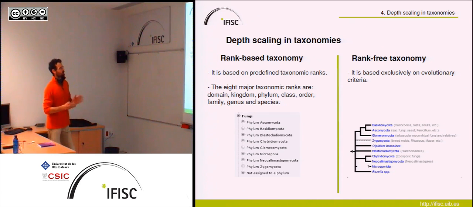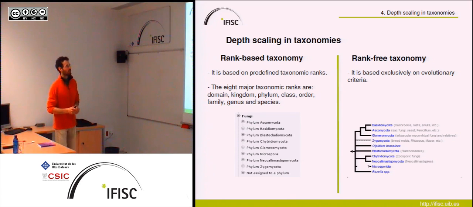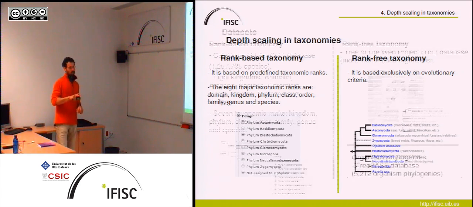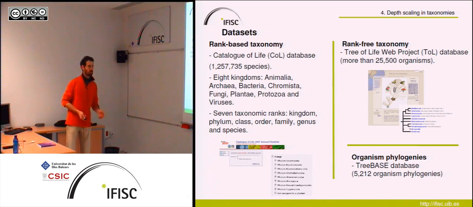And if we represent this tree with a rank-free criteria, we observe internal binary bifurcations that correspond to specific evolutionary relationships between the different phyla.